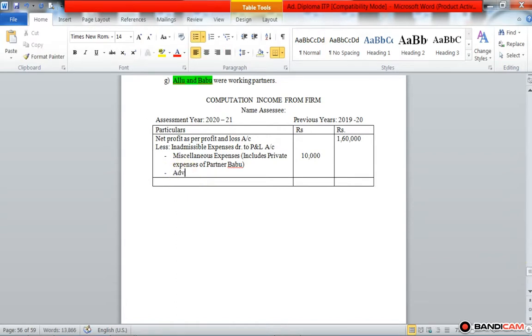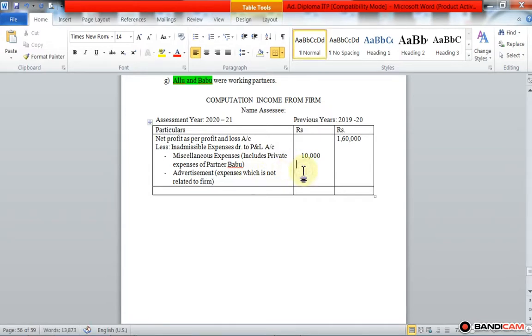So advertisement includes expenses which are not related to the firm, amounted to rupees 4,000. Got it? Yes sir.